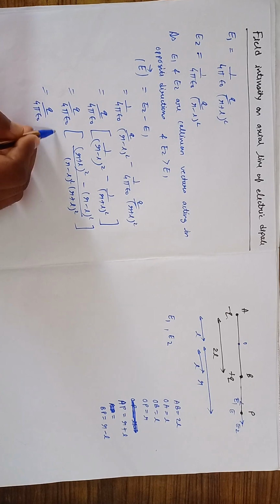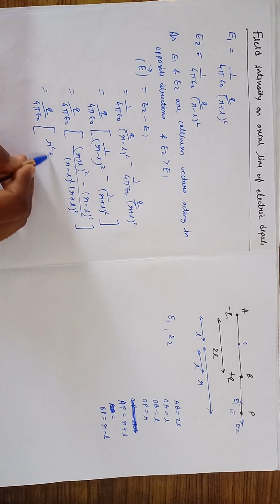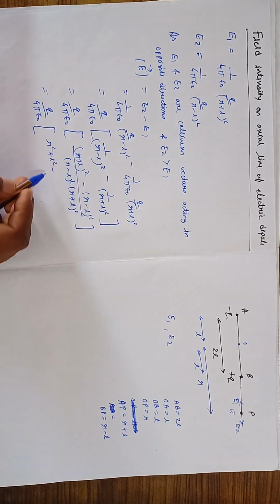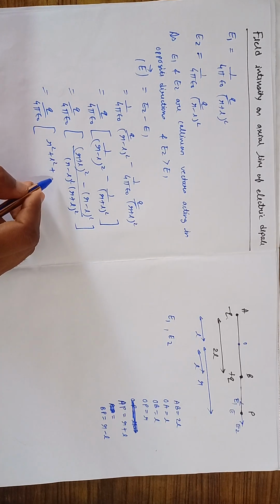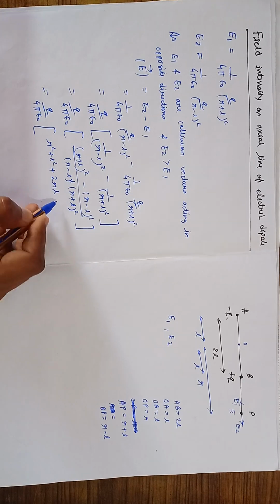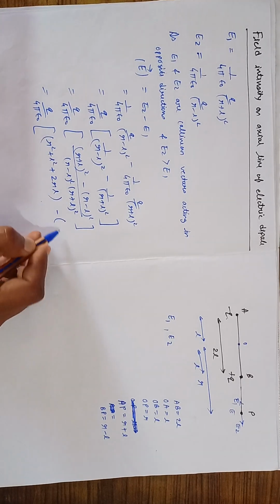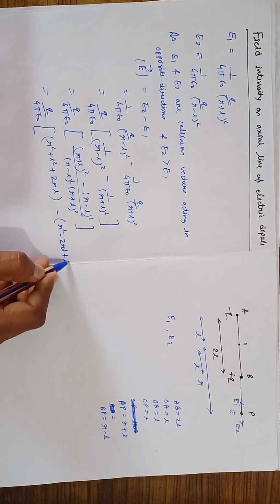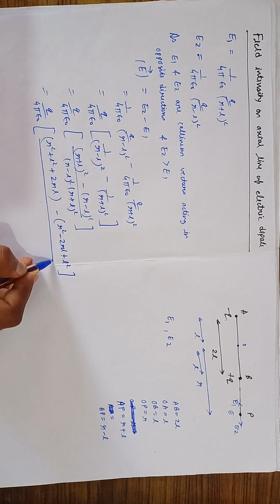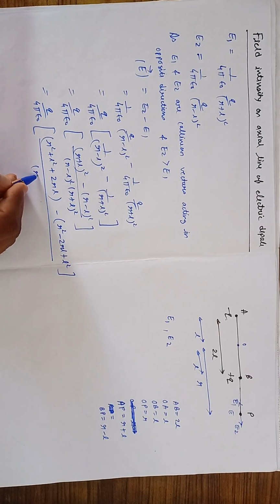q by 4 pi epsilon naught. The formula (a plus b) whole square will come, and it will become r square plus l square plus 2rl here, and r square minus 2rl plus l square. Again we write this.